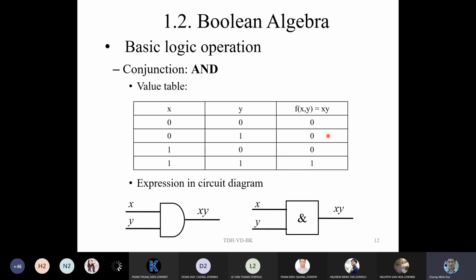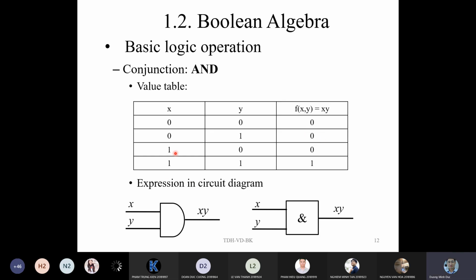The first case is x and y equal 0, and the value of the conjunction is equal to 0. The second is x equal 0, y equal 1, and then the conjunction is equal to 0.